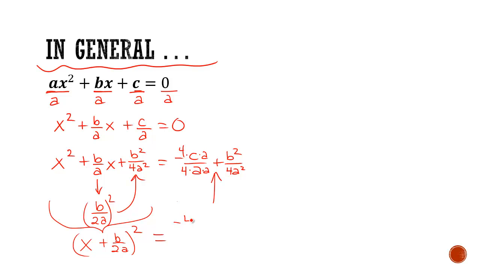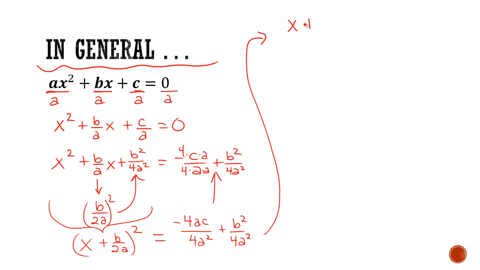So you've got negative 4, and I'm going to write this instead of CA as AC just so it's in alphabetical order, over 4a squared plus b squared over 4a squared. Now they're common denominators. So I'm just going to rewrite this over here so we have more room. So that's x plus b over 2a squared is equal to negative 4ac plus b squared over 4a squared.